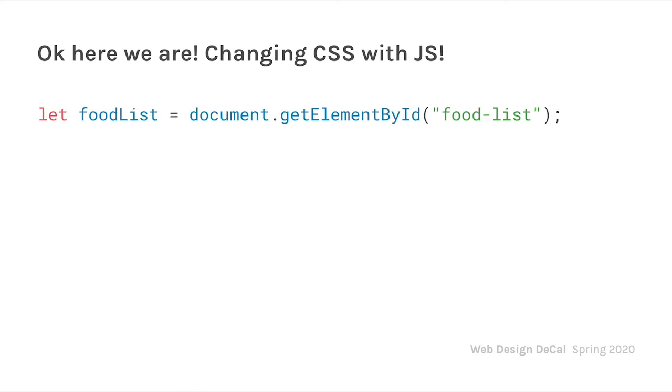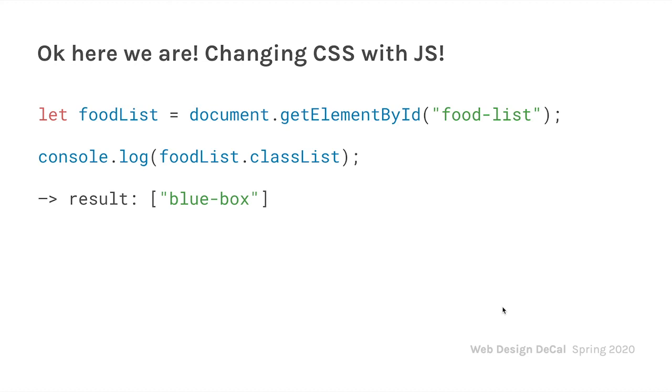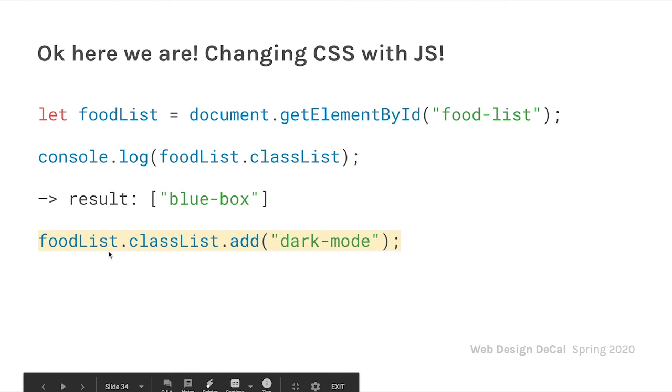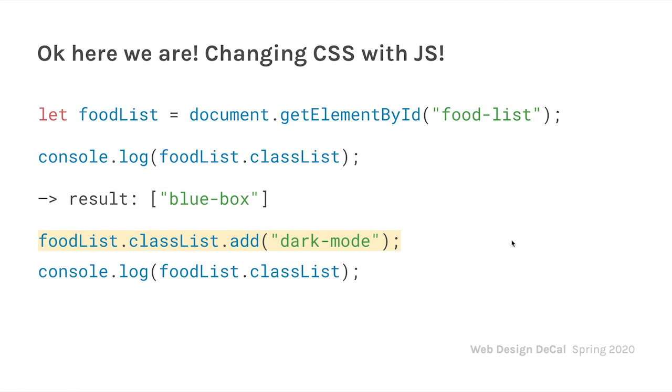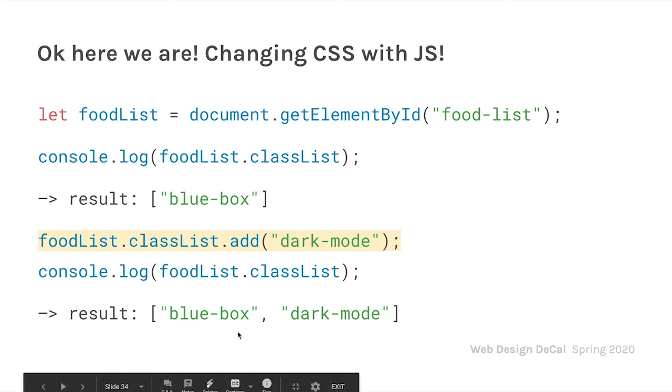So we have let foodList equals document.getElementById. And then we say console.log classList. This is what we get. So let's say we already have a CSS file with various CSS classes defined. And so now if we write this line of code, foodList.classList.add dark mode, the result is that now our class list contains blue box, which was there already, and another class, dark mode.